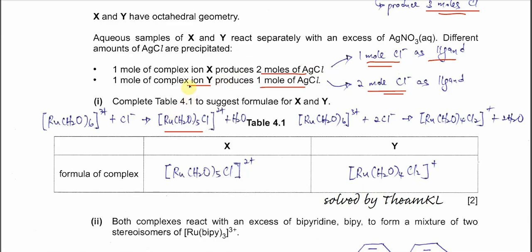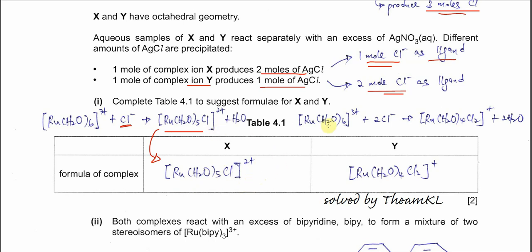In order to form the complex ion X, we just need to use 1 mole of chloride, which will exchange with an H2O. So the formula of the complex ion X is ruthenium with 5 H2O and 1 chloride. This is the formula.